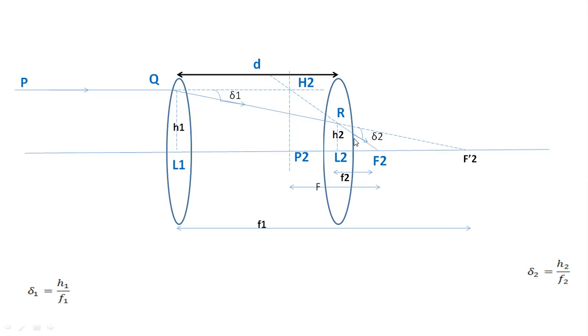Those two straight lines coincide with each other at the point R. Now these are the two angles which are vertically opposite. We know that vertically opposite angles are equal. Therefore, these vertically opposite angles F2RF2 dash and H2RQ are equal. So these are vertically opposite angles.